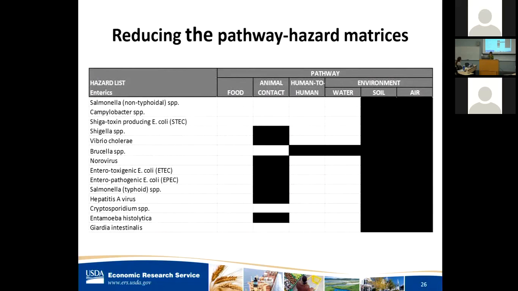So one way that was done was that the task force, which was a committee of subject matter experts on food attribution, looked at the hazards and said, can we rule out some of the pathways? So that was a judgment that was made at the research design level.